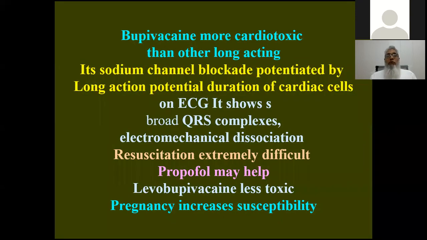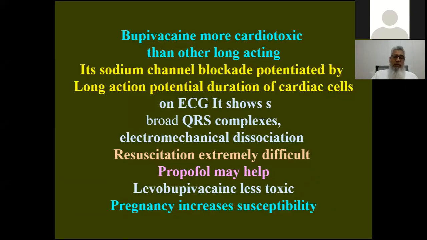Bupivacaine is more cardiotoxic than other long-acting local anesthetics, and bupivacaine has two isomers. Levobupivacaine is less toxic than dextrobupivacaine, so the dose of bupivacaine should be calculated very carefully. Whenever you are giving bupivacaine, locally infiltrated or intrathecally or in the epidural space, always make sure by plunging the syringe that there is no blood coming into the syringe.